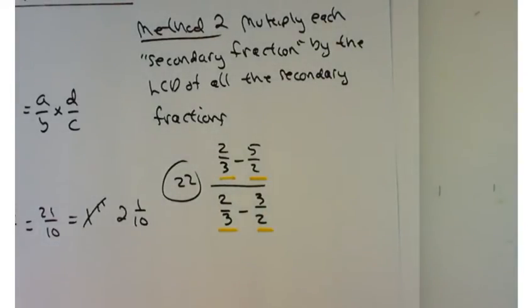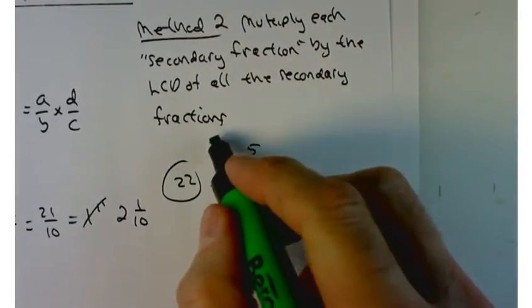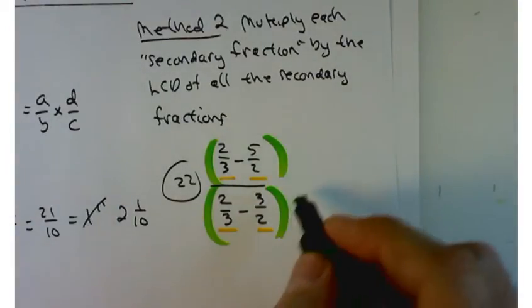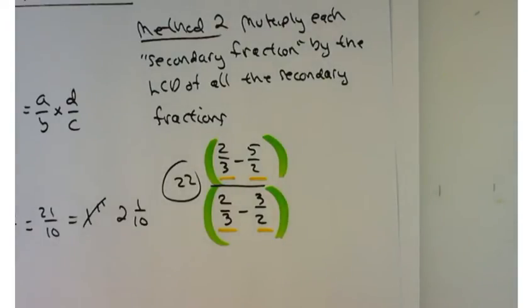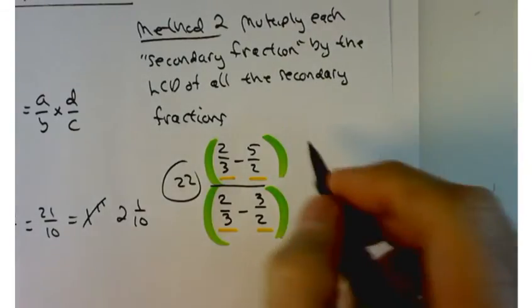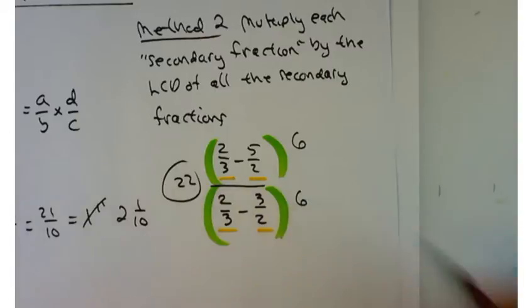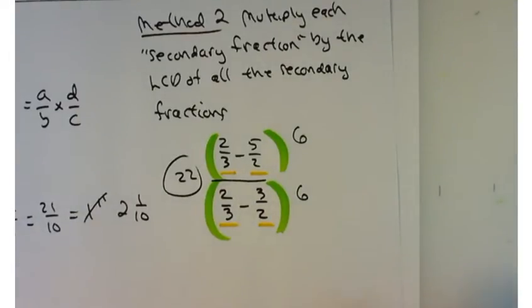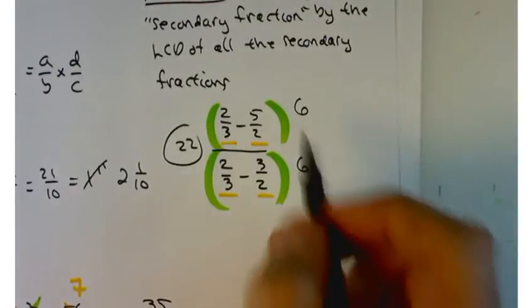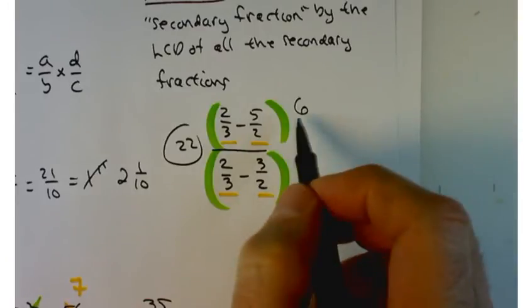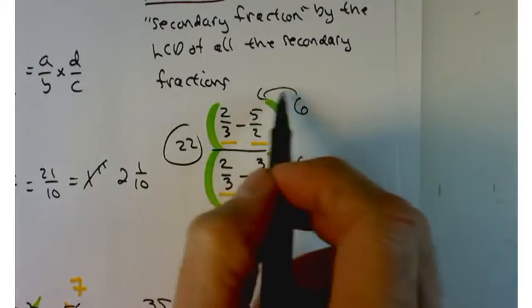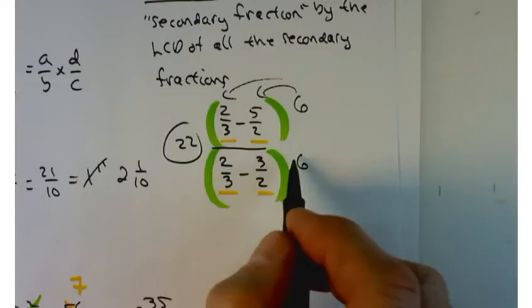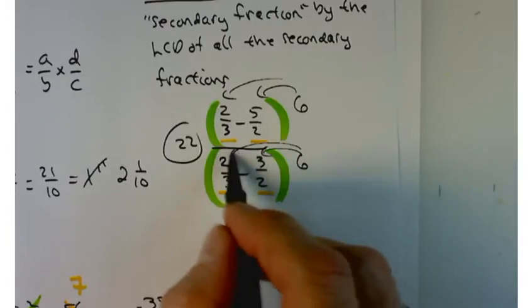Now, how does that help us out? Well, we're going to multiply everything by 6/6. So we're going to take this whole thing and multiply by 6 in the numerator and 6 in the denominator. Now, instead of canceling the 6 and the 6, I'm going to distribute that 6 to both of these terms here, and distribute that 6 to both of these terms here.